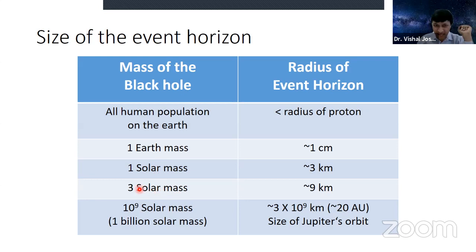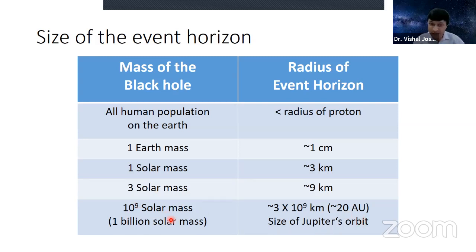And if you have a star of more than 3 solar masses, the size of the black hole made from that star is 9 kilometers. To an extreme, if you have an object of 1 billion solar masses, then you can shrink this object to make a black hole, and still the size of the black hole is 20 astronomical units, which is comparable to Jupiter's orbit.